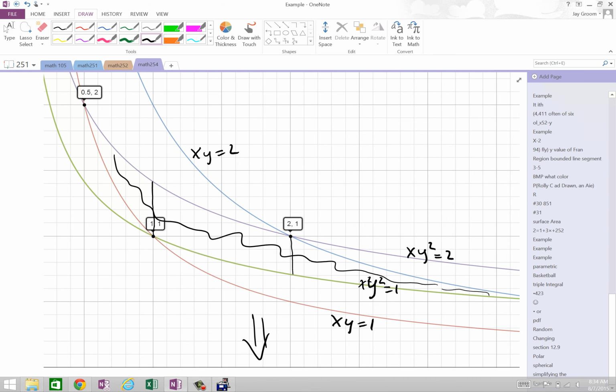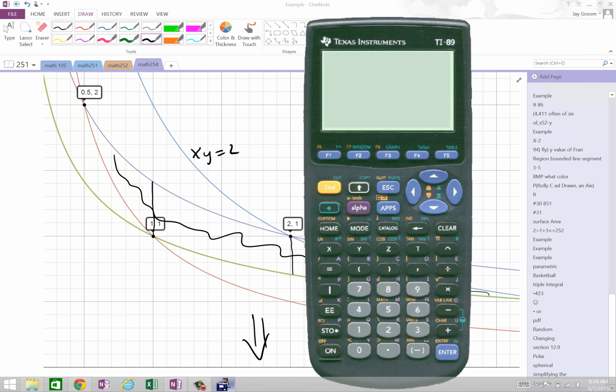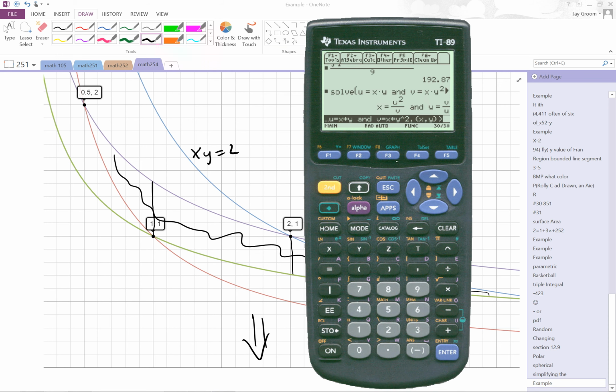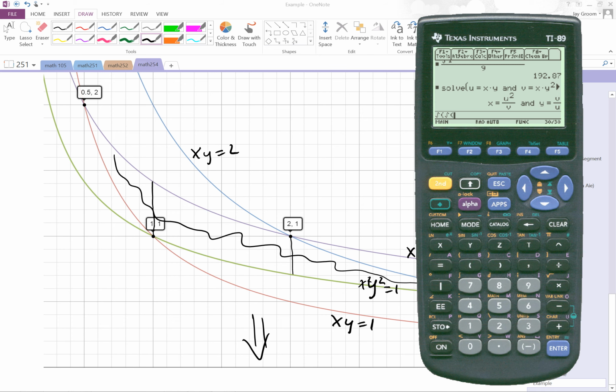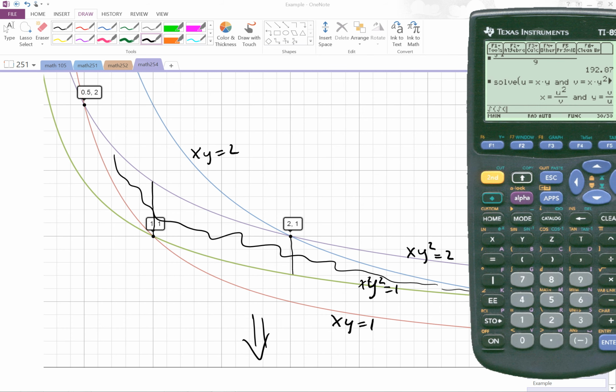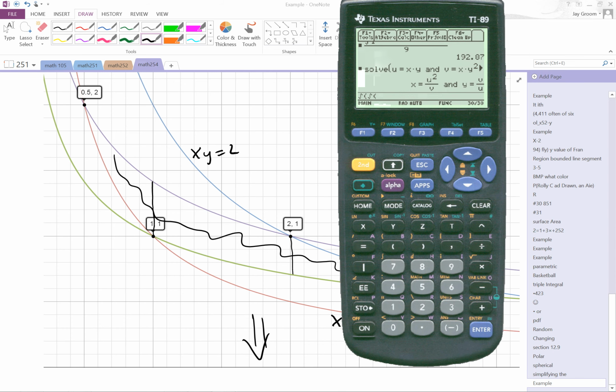Because I'm just going to do this with respect to x. Okay, I'm going to break out my calculator here, do a double integral, and the function that I'm going to integrate is xy squared.